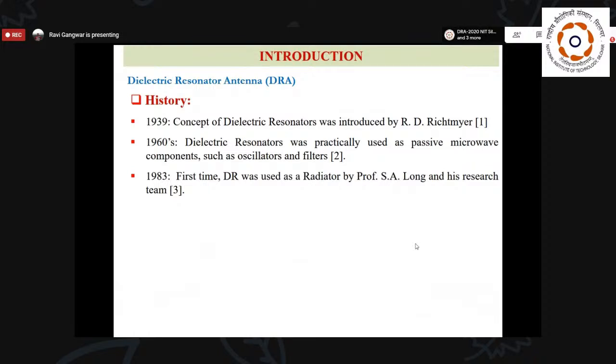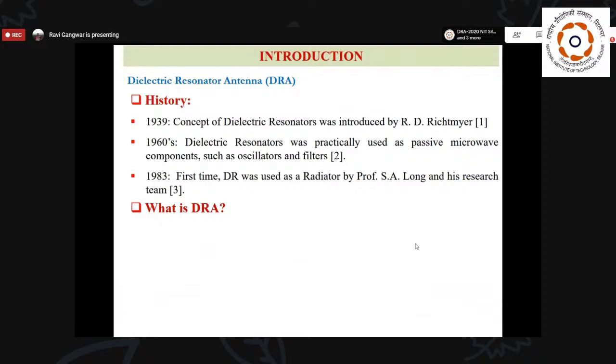So in 1983, Professor Long's group first introduced the dielectric resonator for antenna applications. That's why the name comes into the picture: the dielectric resonator behaves as an antenna in place of an oscillator or filter, so it is called the dielectric resonator antenna.